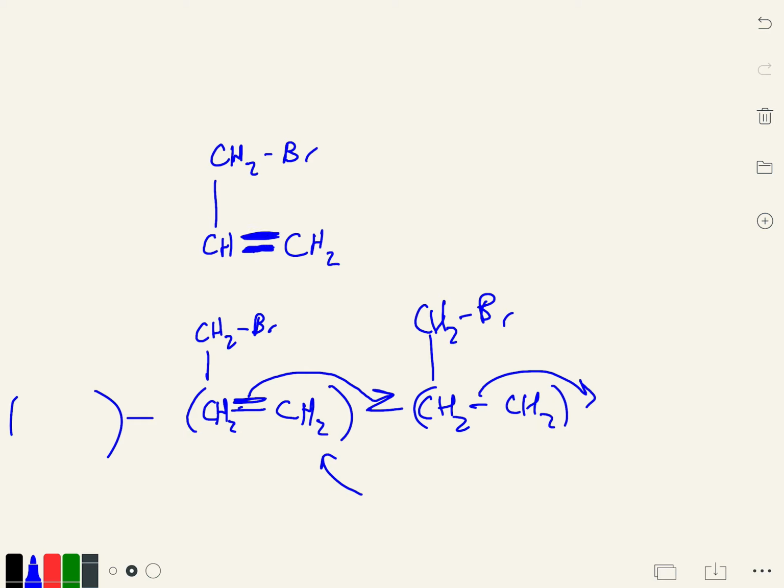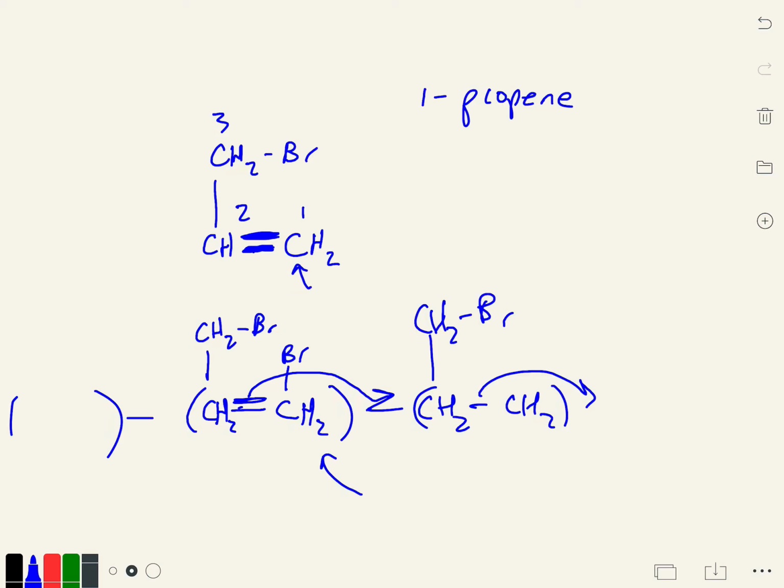And now we have to pick what this thing is called. Well, it's easy. Let's name it. 1, 2, 3. So this is propene, and we've got the double bond on the number 1, so it's 1-propene. But it isn't 1-bromo-1-propene. The bromine isn't part of the repeating unit in parentheses, so we know that it's far away from the double bond.